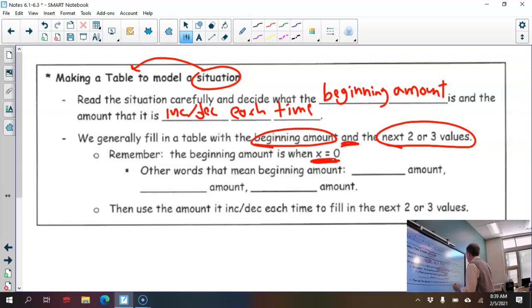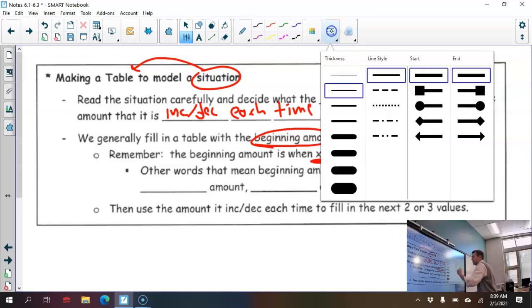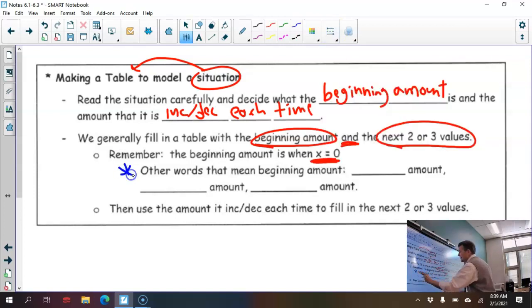Other words that mean beginning amount. I think these are good. You can look for these words in the story problem. Beginning amount might be called the initial amount. They like that word. Might be called the starting amount.